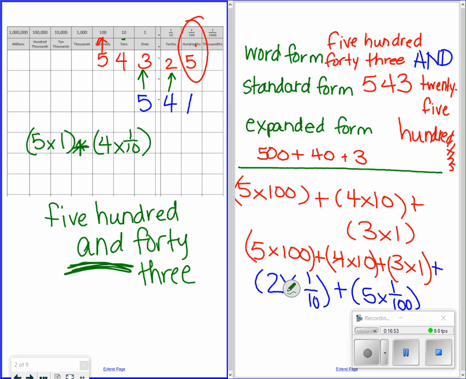There's a difference between 10 cents and $10. This is $10. This is 10 cents. I'd rather have $10, but I've only got 10 cents, or 40 cents. I'd rather have $40, but I've only got 40 cents.